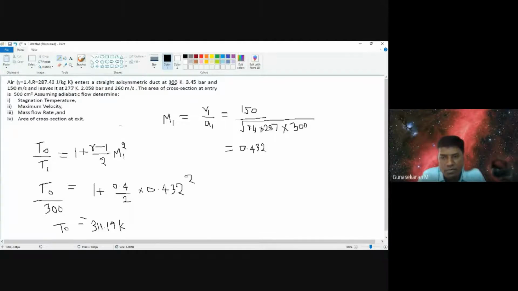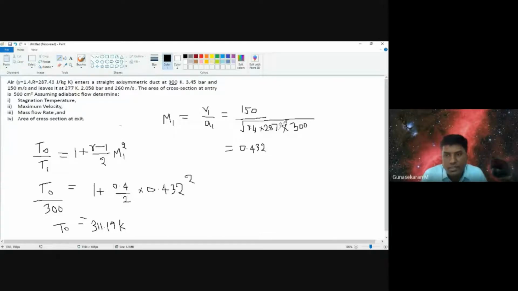Gamma is 1.4, and the characteristic gas constant is 287.43. So instead of 287, you can take 287.43.